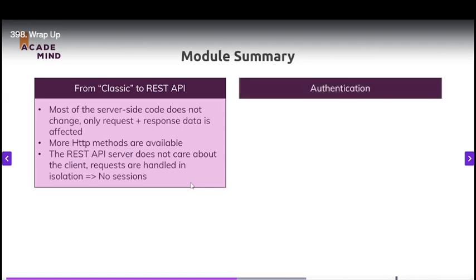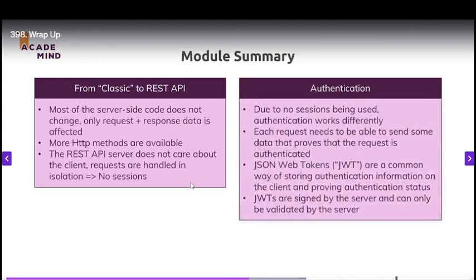Now that has important implications for authentication. Due to no sessions being used, the authentication works differently. Each request needs to be able to send some piece of data that proves that the request is authenticated. And that is this JSON Web Token, which we generated and worked with in this module.